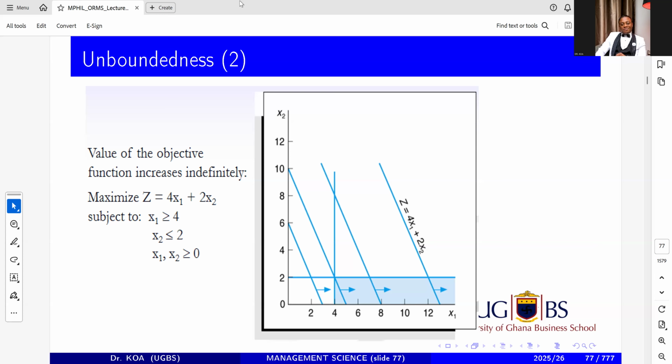Zero. Yeah. By the way, when I say positive infinity, that's when you're doing maximization, and negative infinity is when you're doing minimization. So unboundedness is infinity, and infeasibility is zero: no feasible point, no feasible solution.